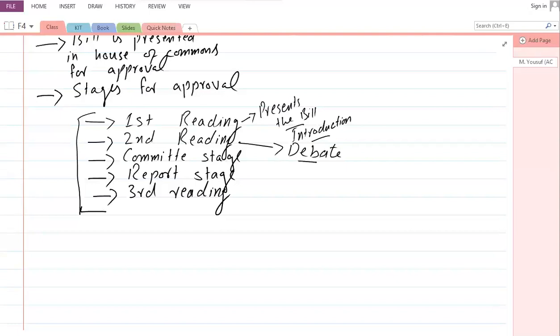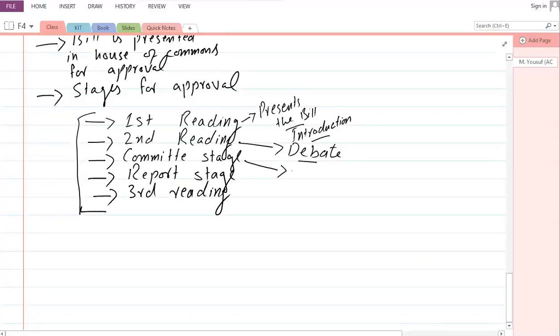After that, there will be a committee stage, because it is very difficult for 650 MPs to come onto one page. It is very difficult to reach consensus between 650 MPs in the House of Commons. So it is better to make a committee of 20 members, and these 20 members will decide whether this bill should be carried forward to the next stage or not.